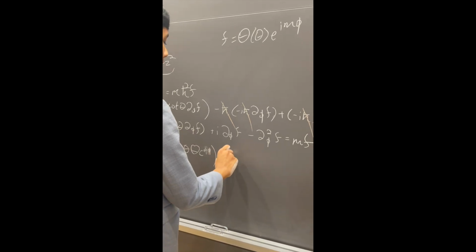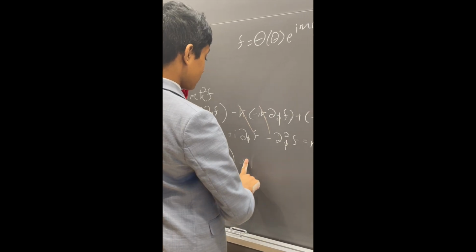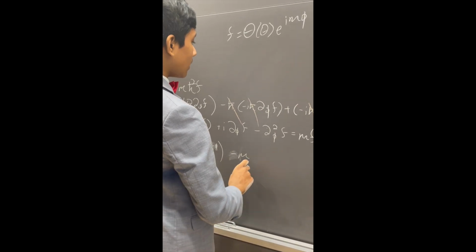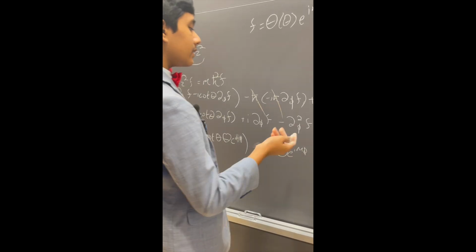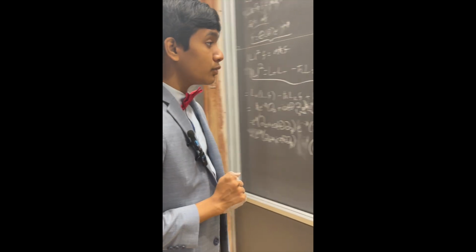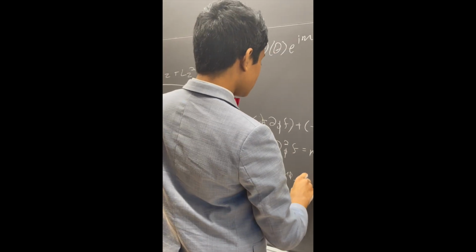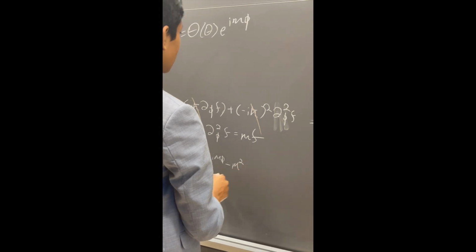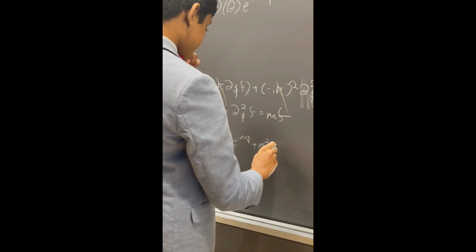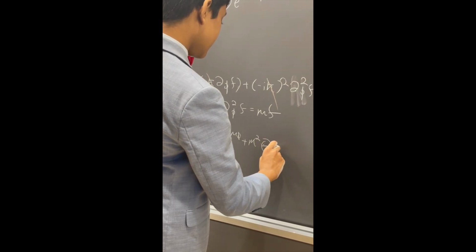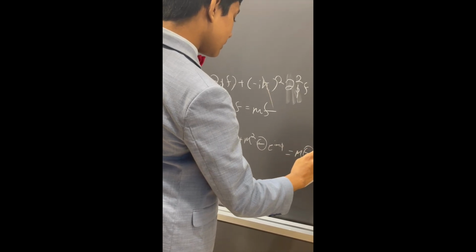Then you have plus i, partial phi of f is going to give us minus m multiplied by theta e to the i m phi, and then minus partial phi squared is going to give us, this is going to come down twice, so minus m squared multiplied by, oh, and this is actually going to become a plus because of the i squared, theta e to the i m phi is equal to m theta e to the i m phi.